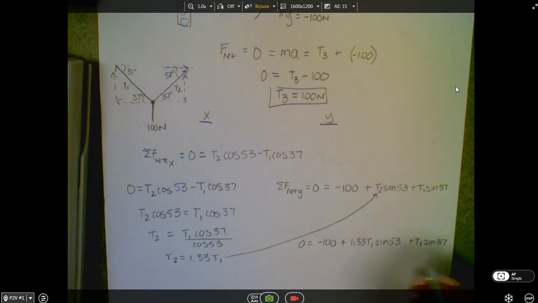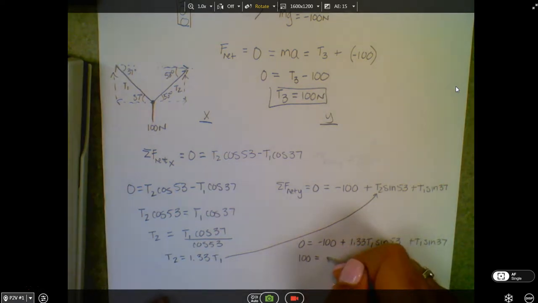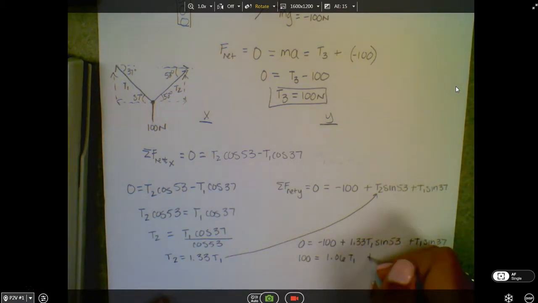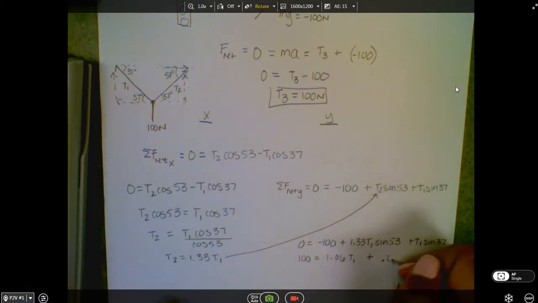And then I can go ahead and maybe combine 1.33 times sine 53. So, and I'm going to move this 100 over also. So I'm going to get 100 equals 1.06 T1 plus sine 37, which is 0.6 T1.